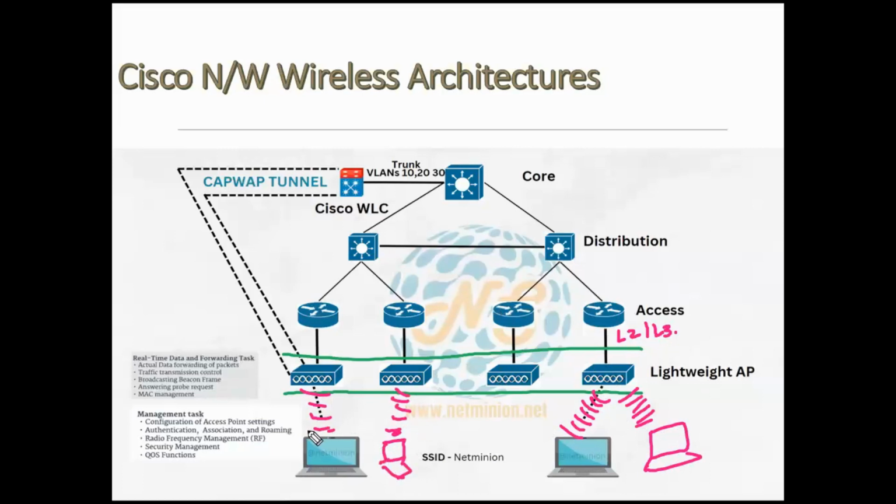Now, when traffic comes from 802.11, it needs to be converted to 802.3. Who will convert that? Any guess? The switch. No, the switch will never intercept this. Any other idea?